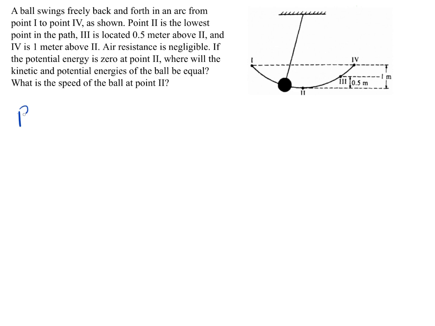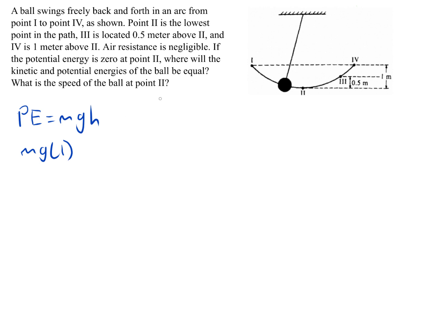So we know that the potential energy is given by the mass times the gravity times the height. And when they're equal, half of that potential energy should be converted to kinetic energy. So when it's at the top of its swing, the potential energy is mass times gravity times 1.